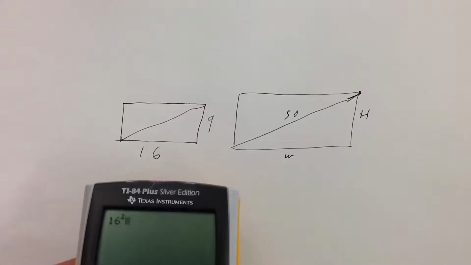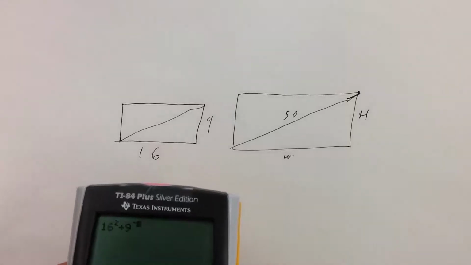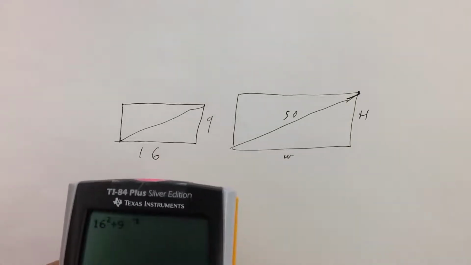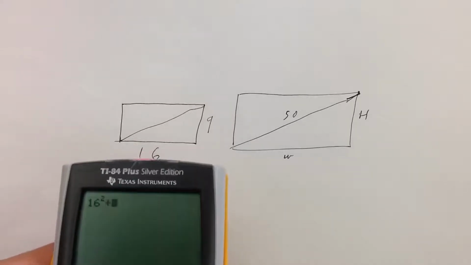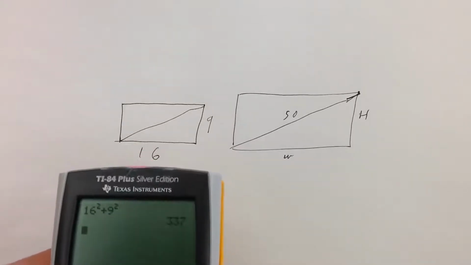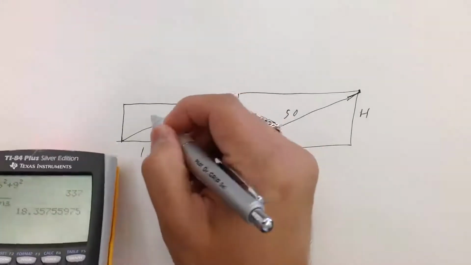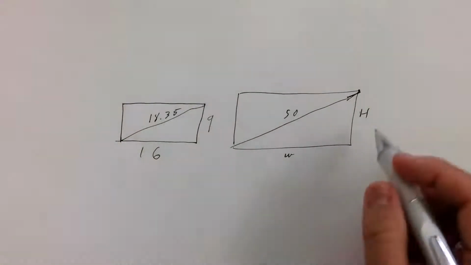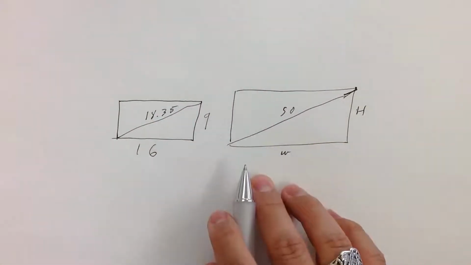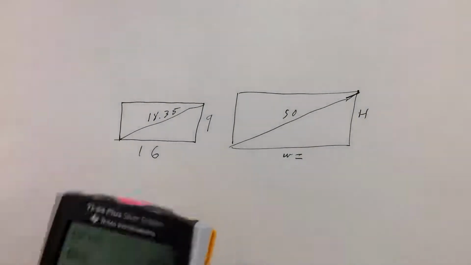16 squared plus 9 squared is 9 squared equals that, square root of that, and that's 18.35. We're going to use this to get at least our height, but our width is also necessary, so just get it, because you never know when you're going to need it.